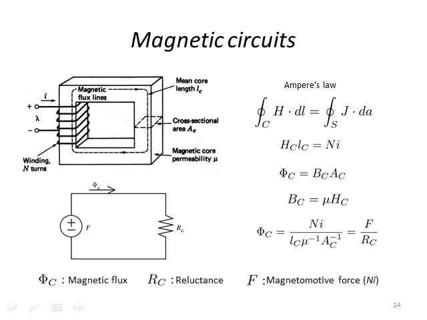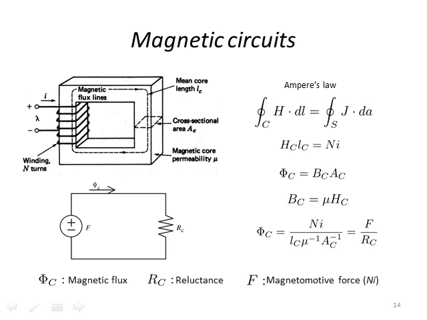And you see that we have a magnetic material, we call it a magnetic core, the magnetic flux lines, which is basically the B field, but then the flux is the B times A, essentially. And the cross-sectional area of the magnetic core, the mean length, and the magnetic core has a particular permeability.